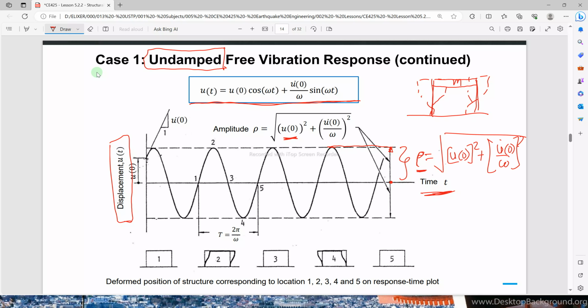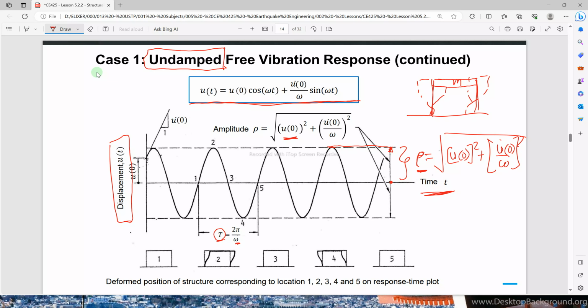Then we will have our amplitude. And then we have here a notation of T. What is this T? T is our natural period, which is equal to 2 pi over the natural angular velocity.